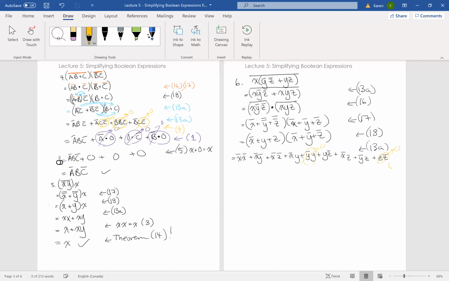That's theorem 4. So that's going to leave this expression.